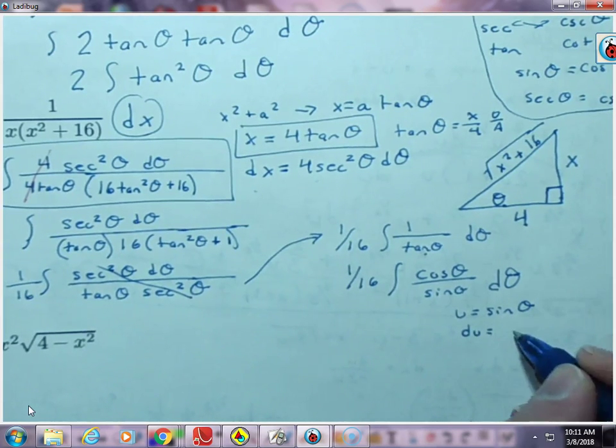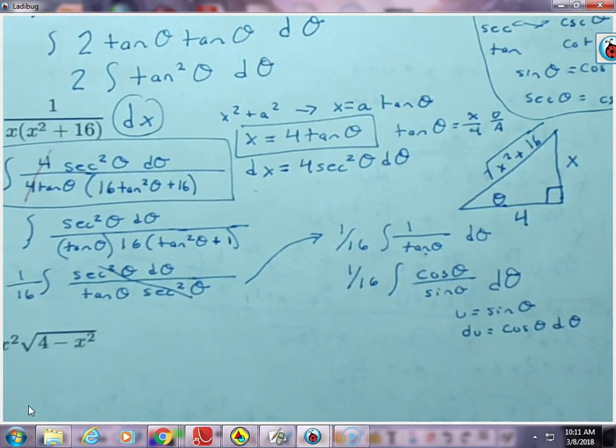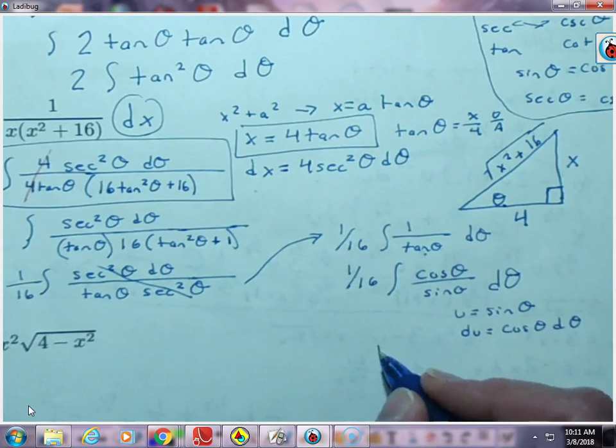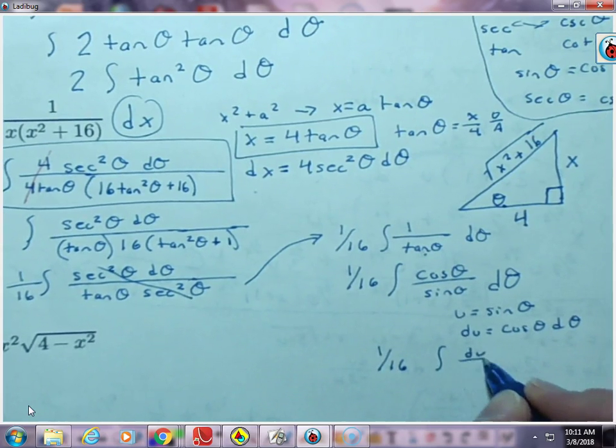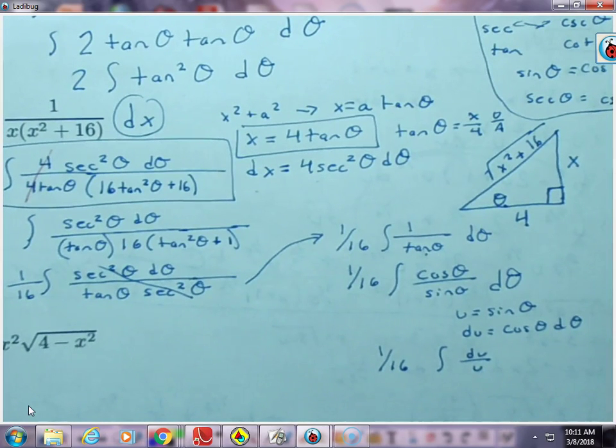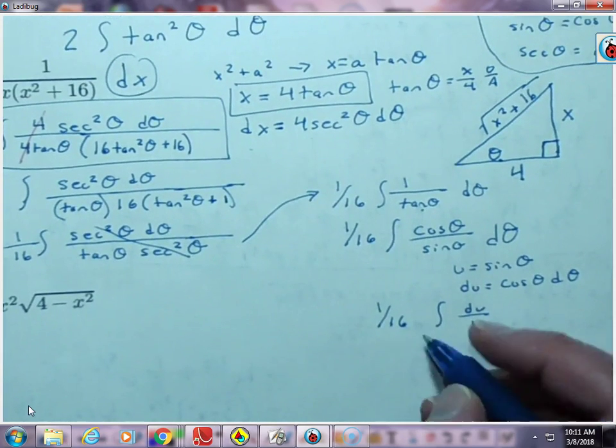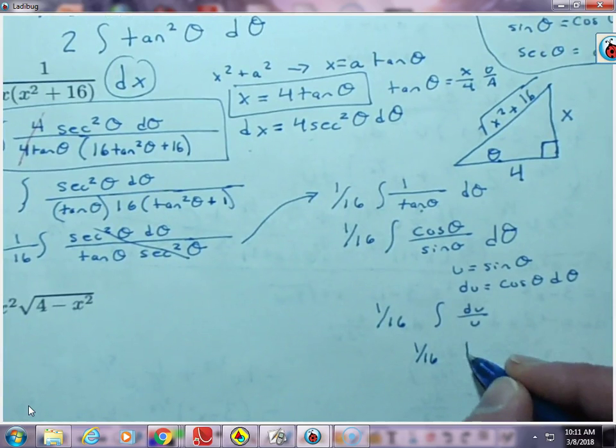This is just a good time. So now we're into the u's. Okay. It's equal to 1/16. Now we're with u. 1 over u, the integral is ln, plus C, and I think we're going.